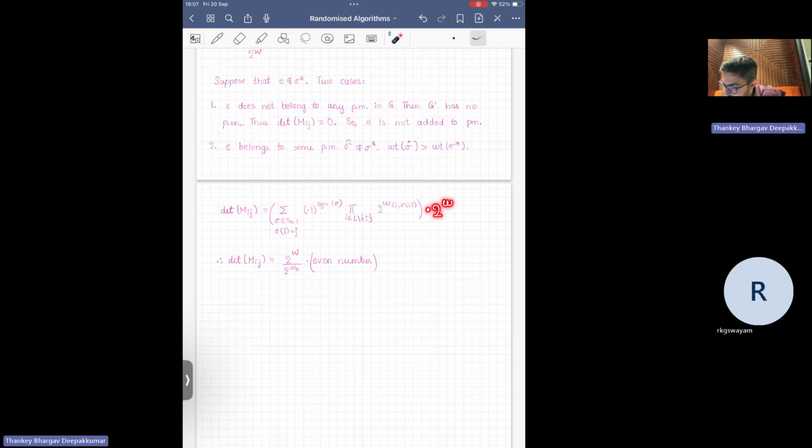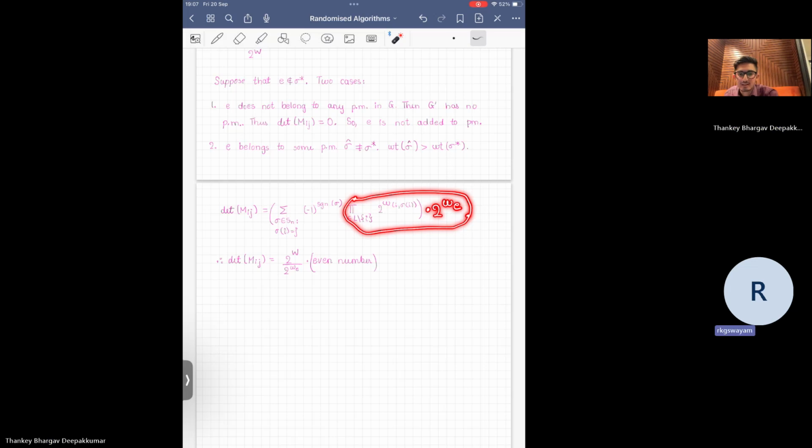Let me suppose that I, for some reason, multiply this entire quantity by 2 to the WE. Then if I look at this product, what would I get? I would get 2 to the weight of every perfect matching of G containing E, right?